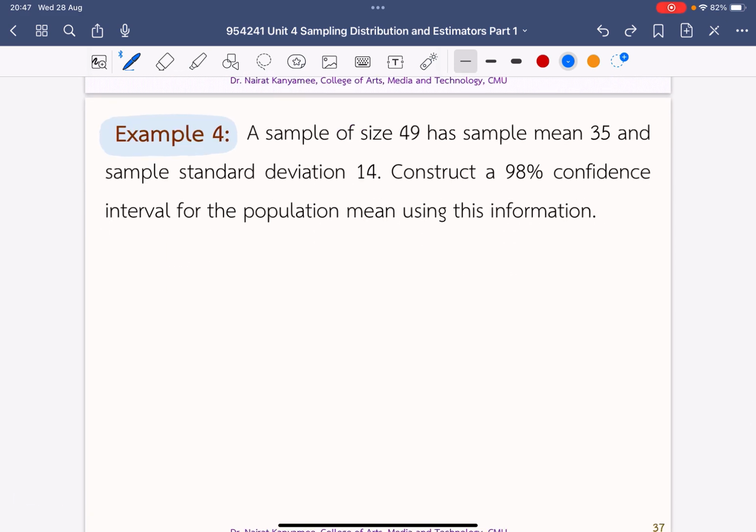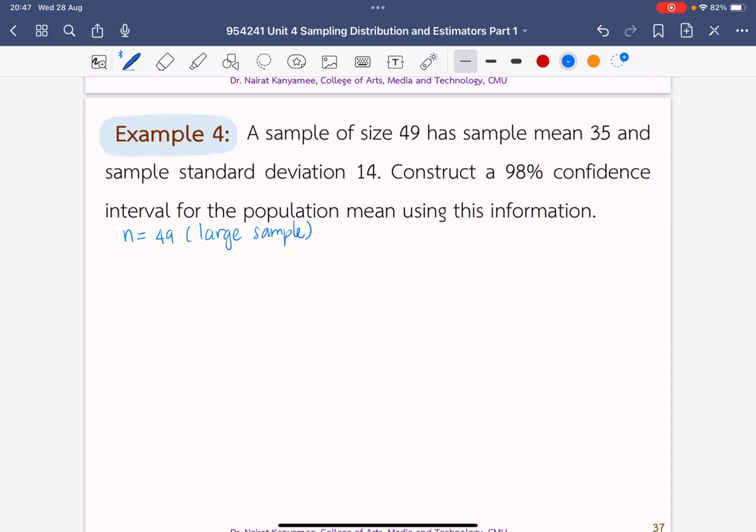We will work on example 4. Write down what we know. n is 49, so n is greater than 30 for sure. This is a large sample.